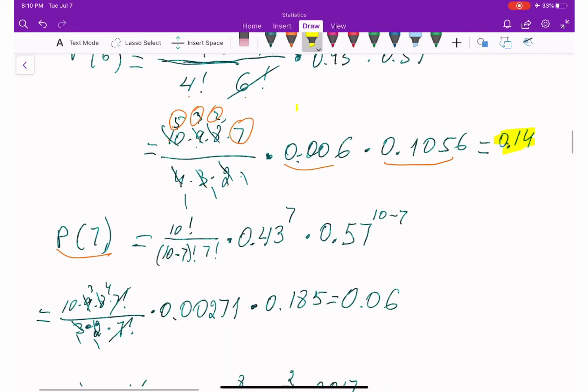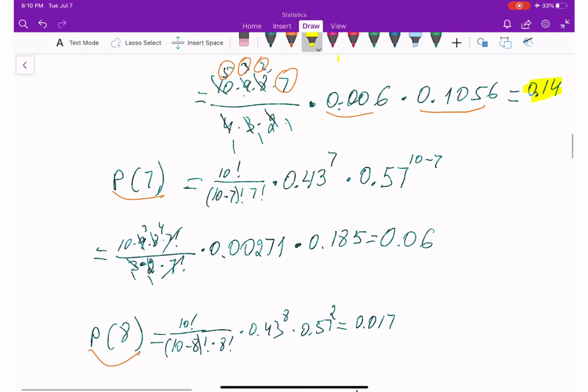So the same way we are continuing with the probability of 7, which is x equal to 7. So we have 10 factorial over 10 minus 7 factorial times 7 factorial. And then 0.43 to power 7, 0.57 to power 10 minus 7, because n minus x. Okay, the same way, here again opening, 10 minus 7 is 3 factorial, and here I have 7 factorial.